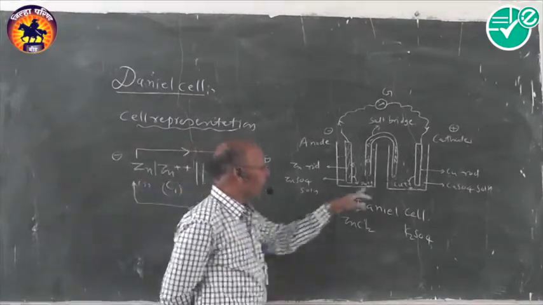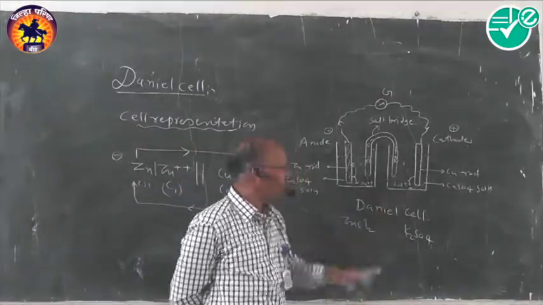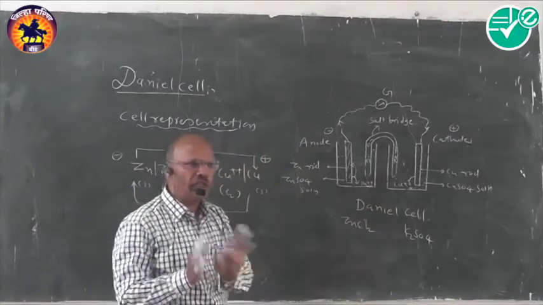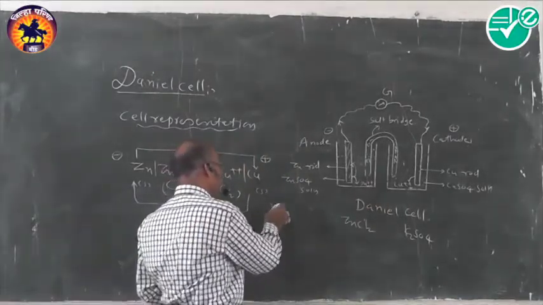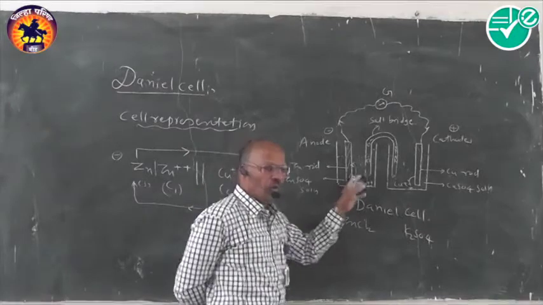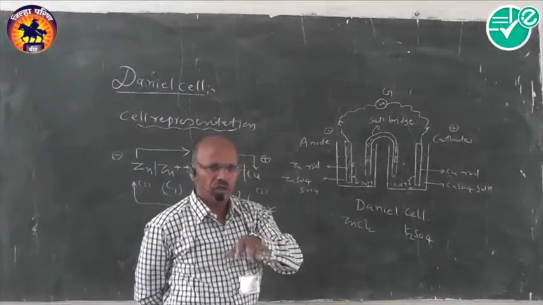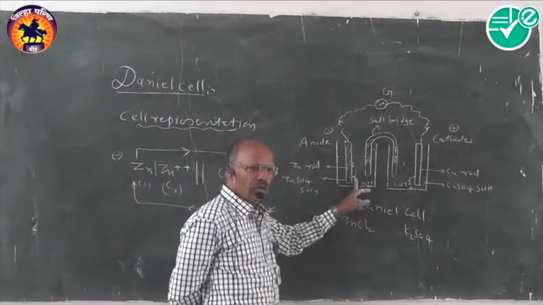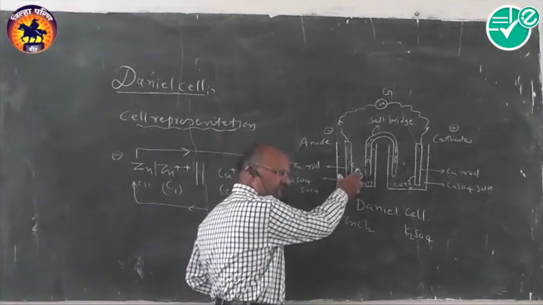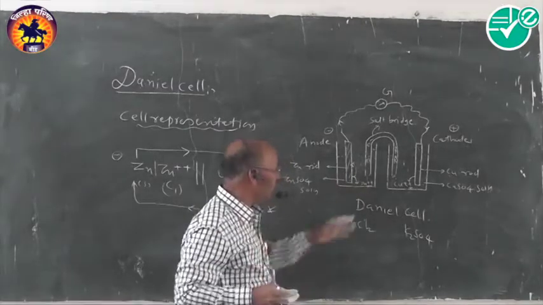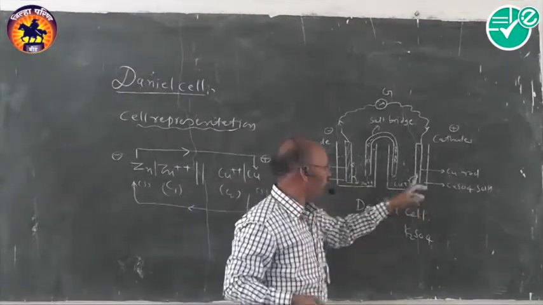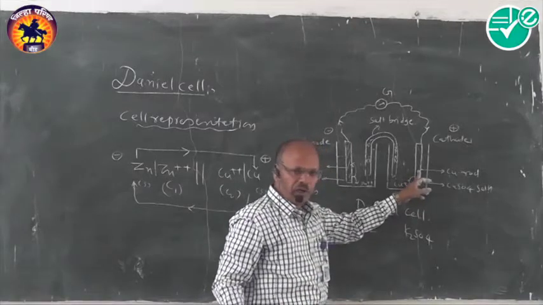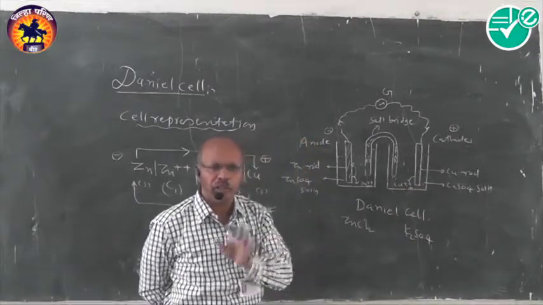And at the last, we will have the final results of the Daniell cell. What are the final results? In this particular case, due to continuous decay of zinc atoms from the zinc rod, the size of the zinc rod always decreases. On the contrary, due to continuous deposition of copper ions over the copper electrode, the size of the copper rod always increases.